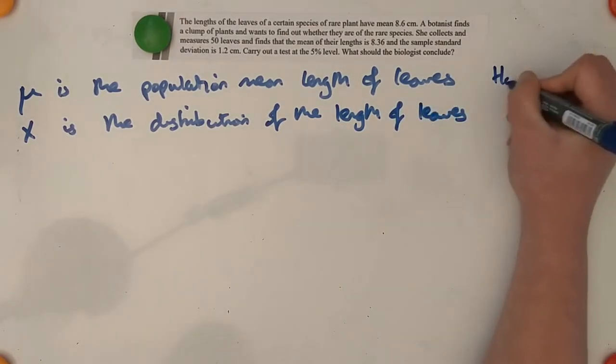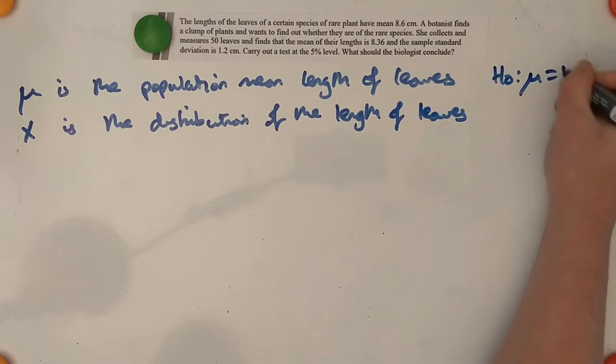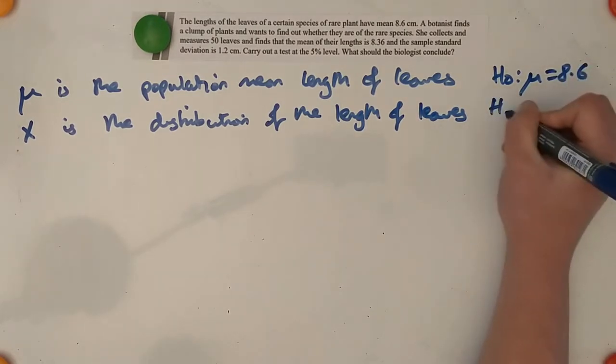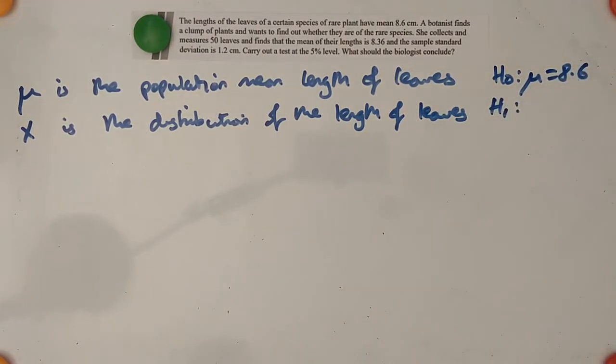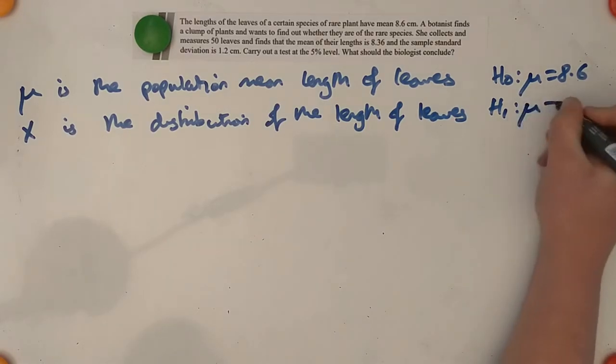Then our H0 here is mu equals 8.6. H1, we're just seeing whether they are the rare species. We're not saying it's bigger or smaller, so this is a not equal to, this is two-tailed.